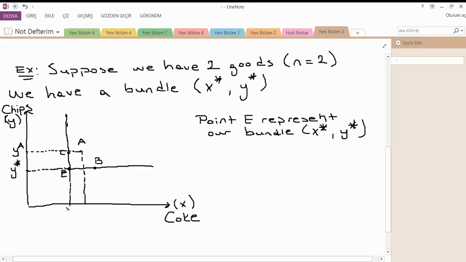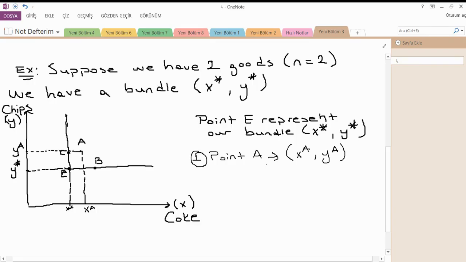This was x star. And here, let's call it XA. We are talking about point A. Point A is XA, YA. It's the representation in terms of mathematics.